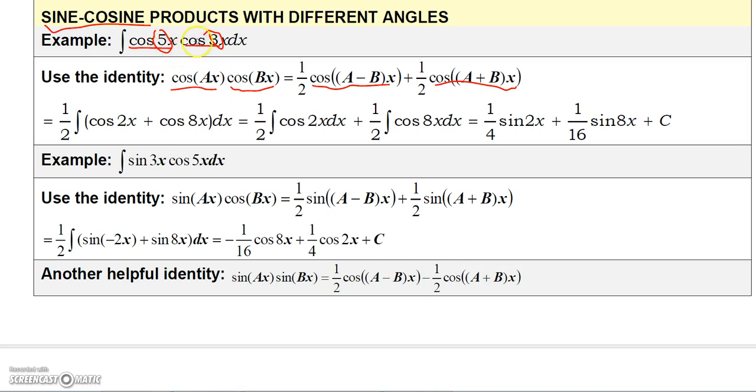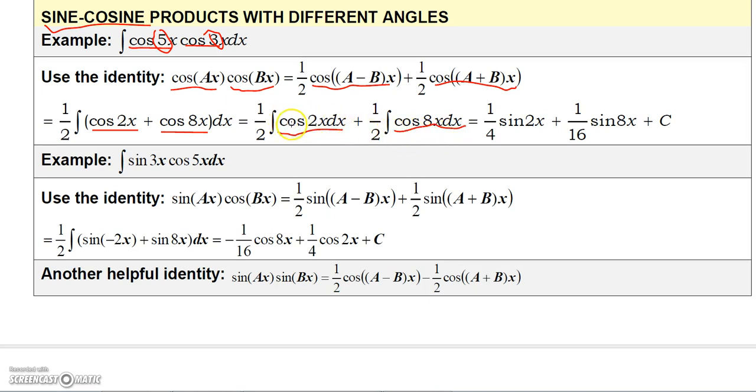So cosine 5x times cosine 3x can be written as 1/2 of cosine 2x, because 5 minus 3 is 2, and then plus 1/2 of cosine of a plus b, so that would be 5x plus 3x, so that's 8x. And the 1/2, since both of these are multiplied by 1/2, I just factored the 1/2 out.